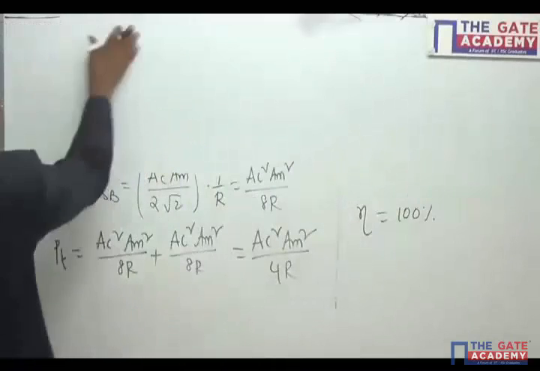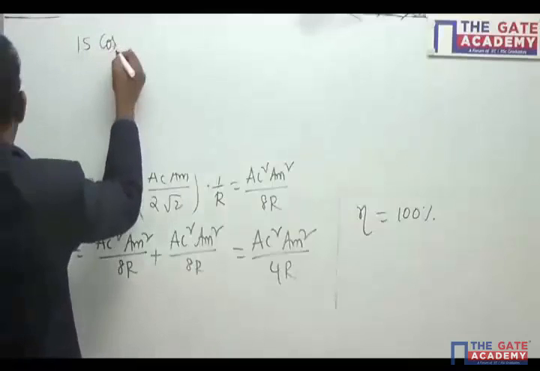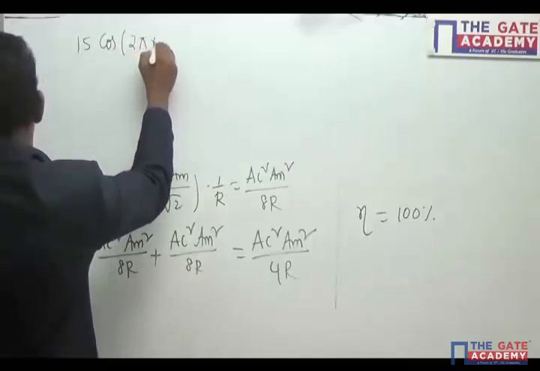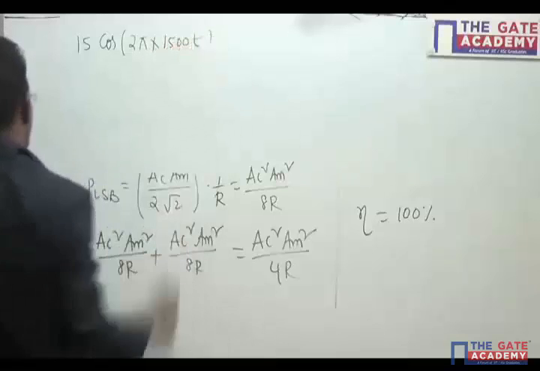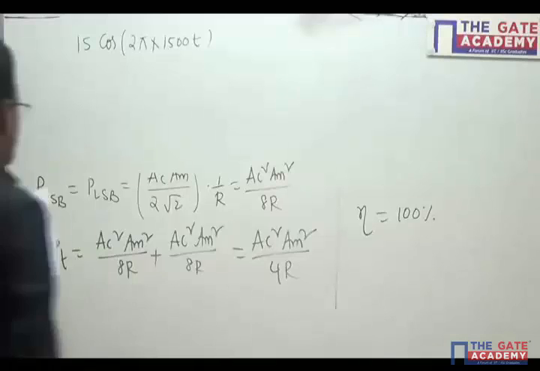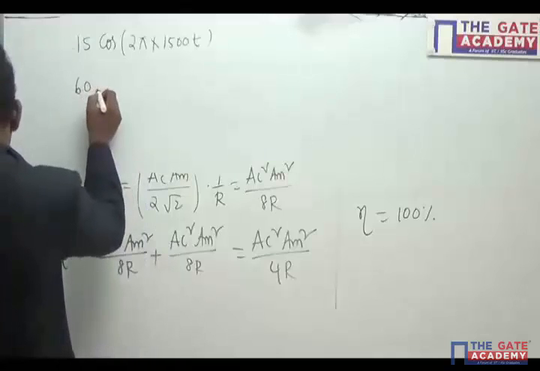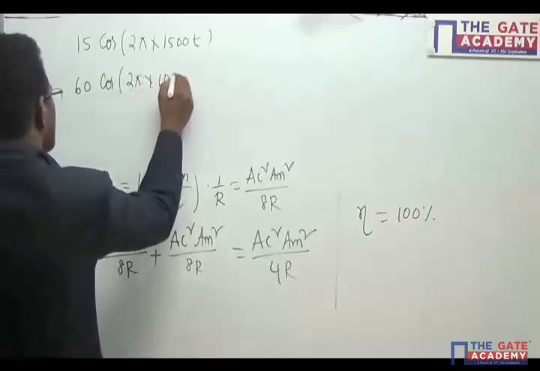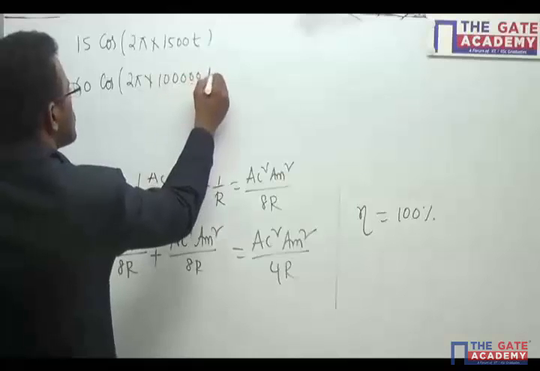An audio signal given as 15 cos 2 pi into 1500 t is DSBSC modulated by a carrier of 60 cos 2 pi into 10^5 t.